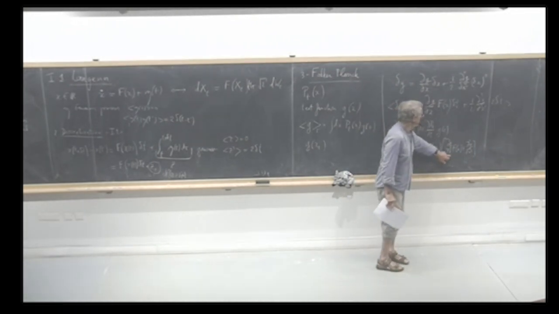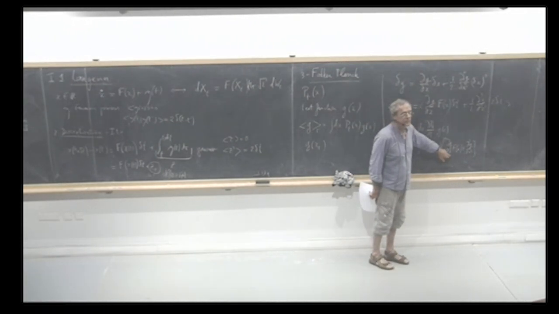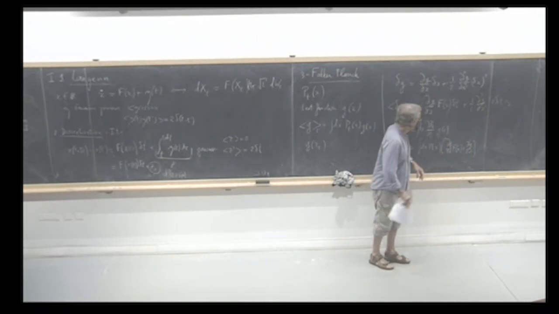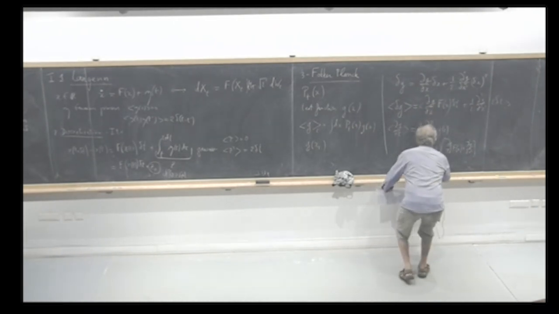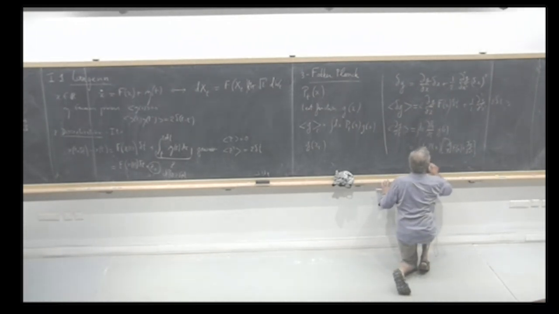And now what I will do is integration by parts. So this dg dx piece, I can rewrite it as integral dx g of x times minus d dx of p times f.